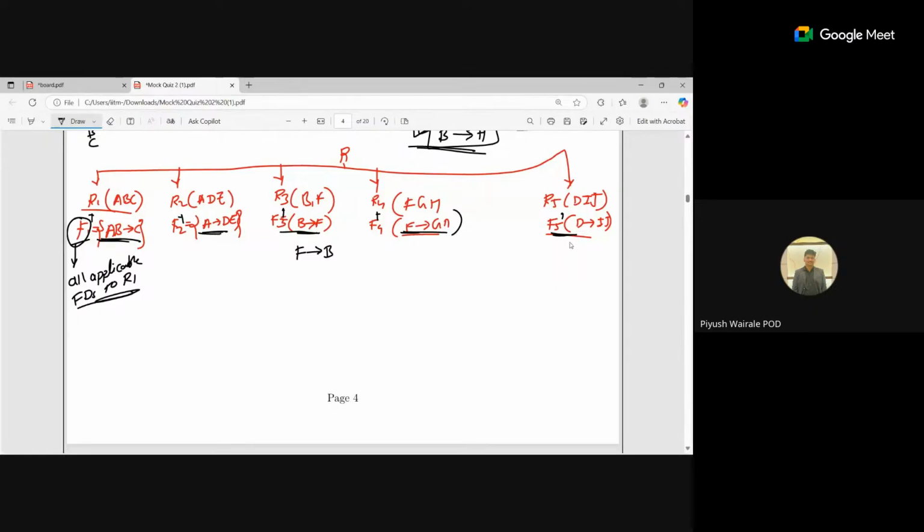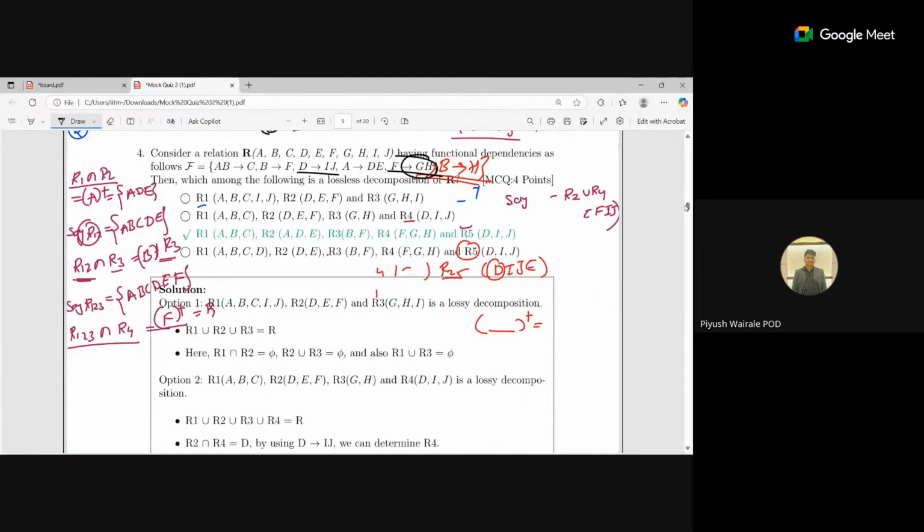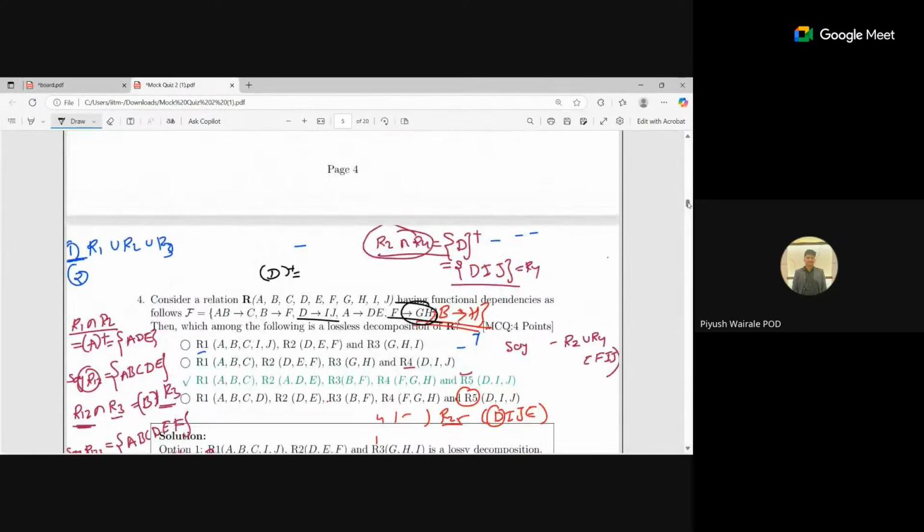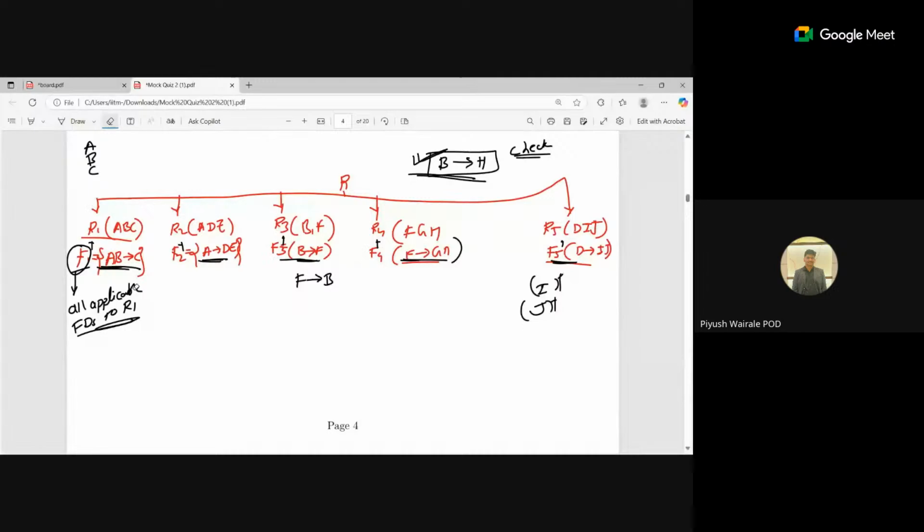What about F5? So we have D determines IJ, but what about I and J? Can we get any other FDs here from the I closure or J closure? No, right? So these are the only applicable functional dependencies we have.